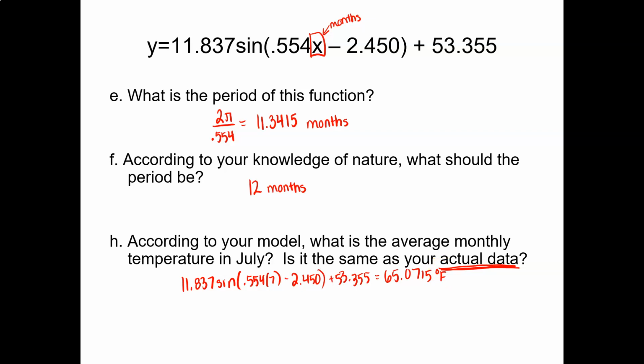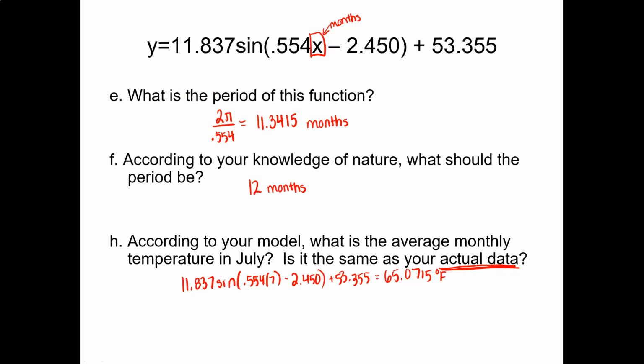Something I just thought that I need to mention right here: whether you're in radians or degrees matters. For this, it would change your answer. So I am in radian mode, which in general for regressions, I just want you to be in radian mode every time. One of the big reasons is because everything we've done, like finding the period of the function, we've been doing 2 pi divided by 0.554, right?